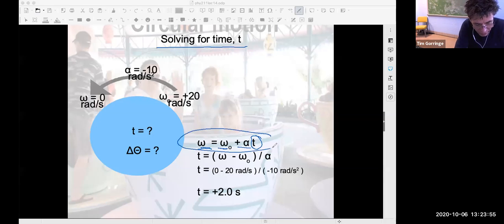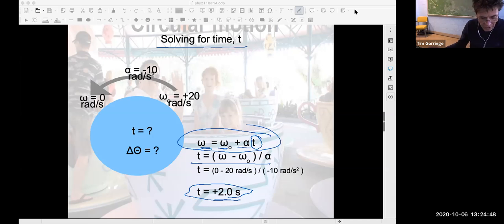So this equation of motion will work for me. I've just got to rearrange it. I pull time over to one side and divide through by the angular acceleration. And I've got that the time taken to come to rest is the change in angular velocity divided by the angular acceleration. The change in angular velocity is the final angular velocity less the initial, so that change is going to be minus 20 radians per second. And the angular acceleration is minus 10 radians per second squared. So minus 20 divided by minus 10, I'm going to get 2. The units are seconds: radians per second over radians per second squared gives seconds. And so that's the time that it takes to stop.